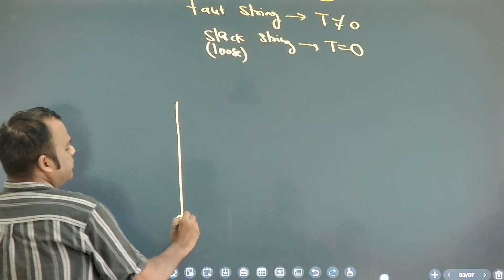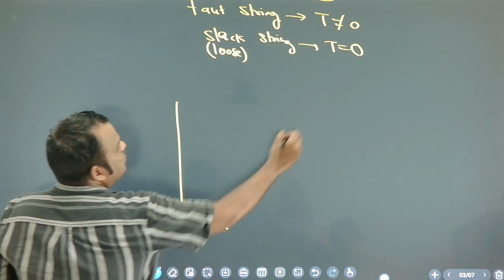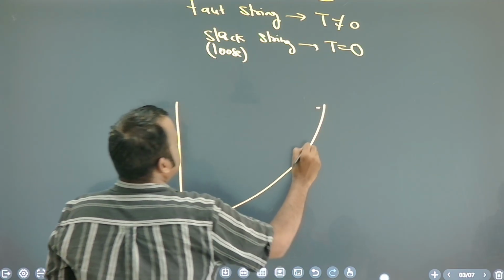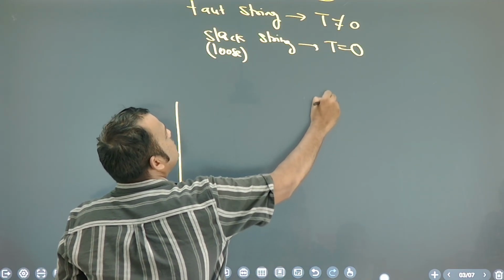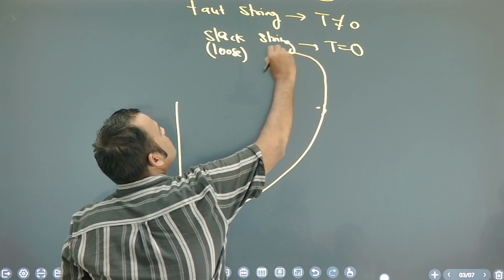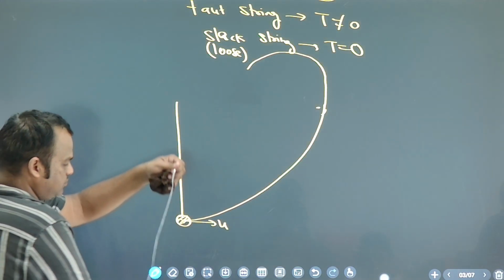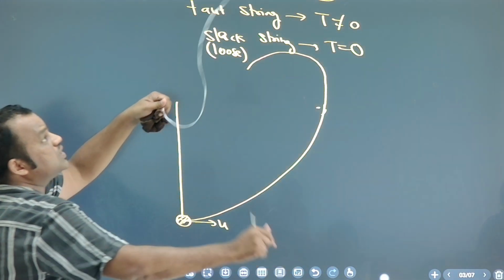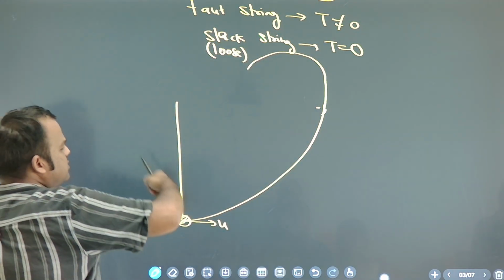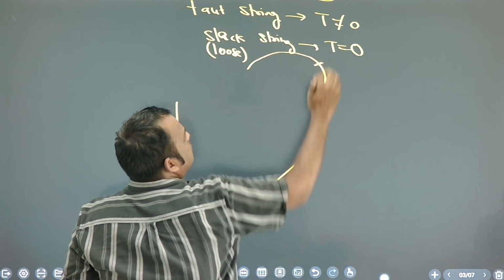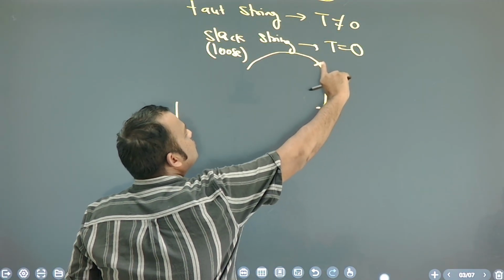You are giving velocity u here. So up to 90 degree it is going in a circle. After some time also it is circle only, but after some time it is going like this. Are you observing? See, it is like this. So maybe up to here it is circle.